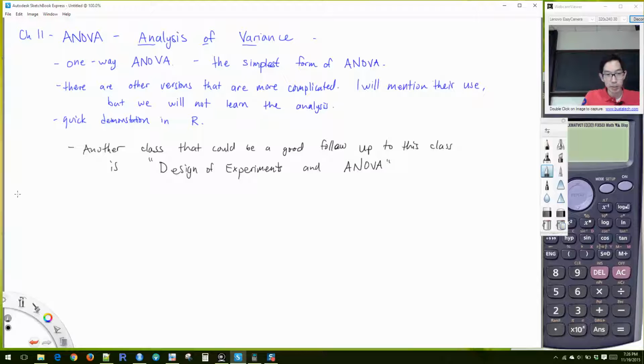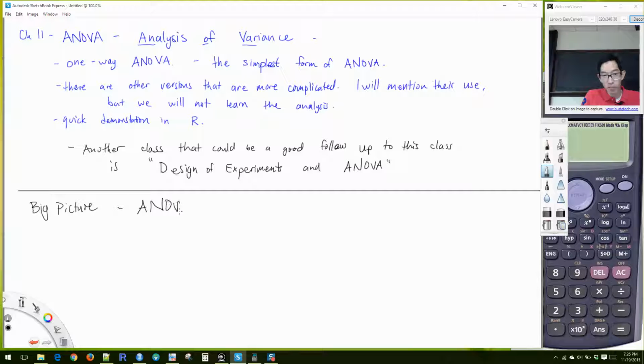So, big picture. With one-way ANOVA, what we have is a numeric response and a categorical predictor.